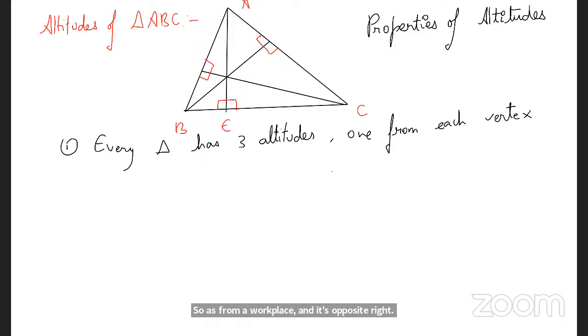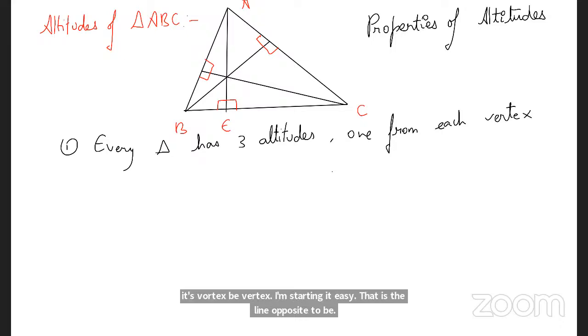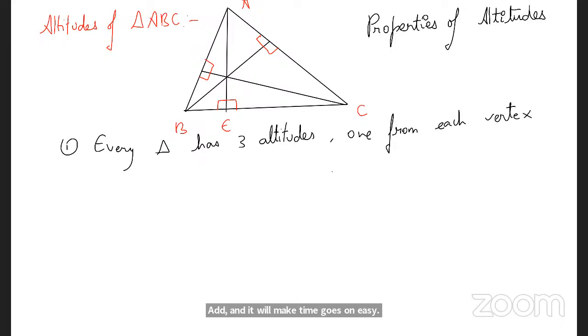From B vertex I'm starting. It will meet AC, the line opposite to B, and it will make right angles on AC. This is what an altitude is. And we started with the properties. The first one is that every triangle has three altitudes, one from each vertex. Because three vertices are there, from each one an altitude will pass.